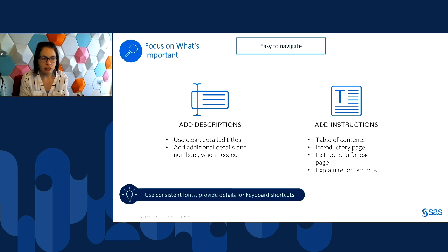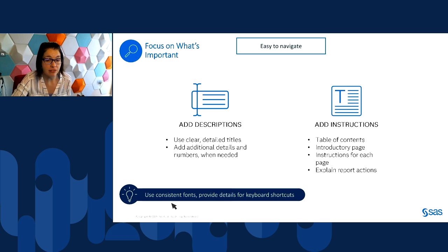What I typically do is when I have actions, I add a text object that says something like, hey, double click a bar to get more details, or double click a scatter to see more information about that particular person.